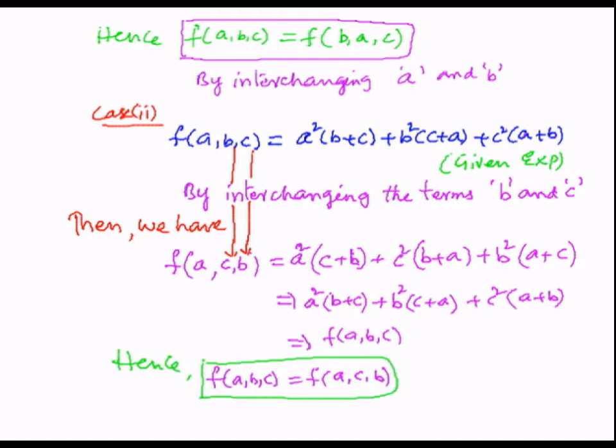In the first case we have interchanged a and b. Here we got this step by interchanging the terms b and c, as c and b, while a is kept as it is.